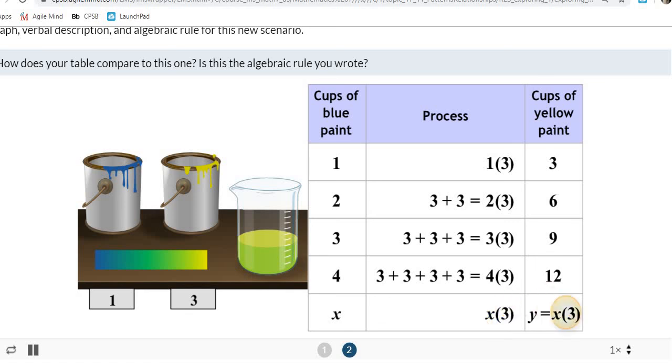So my algebraic rule is y equals 3x. How'd we do on that? Did y'all get the equation? Okay. We can go ahead and write the equation for 2b, because that's what it was asking for. Y equals 3x.